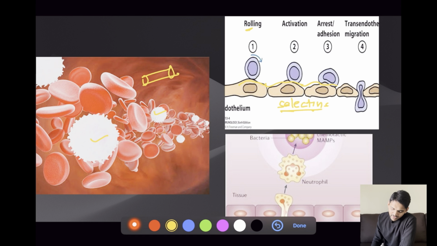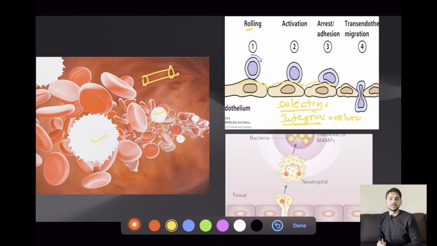So that is nothing but integrins. Integrins, like velcro. They will come and attach to the endothelium and stop their movement further. Hope you got the point. Selectins are like humps, like speed breakers. First it will slow down, roll over and get adhered strongly. That is nothing but adhesion.